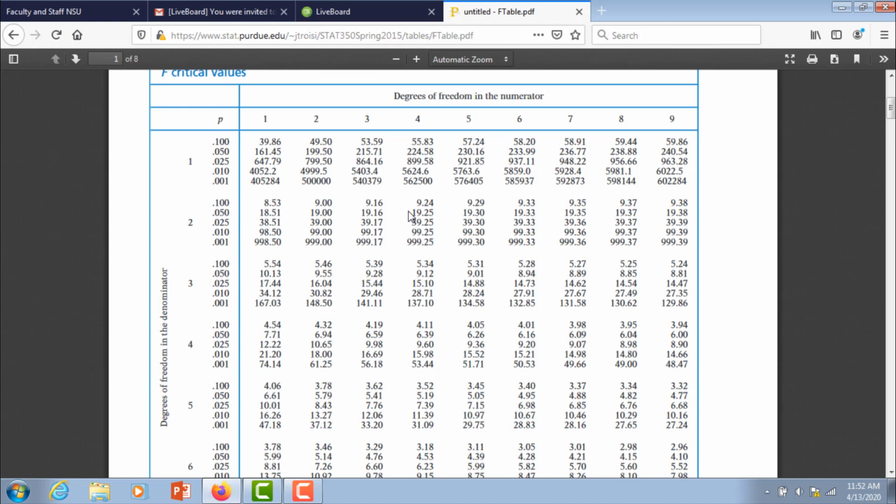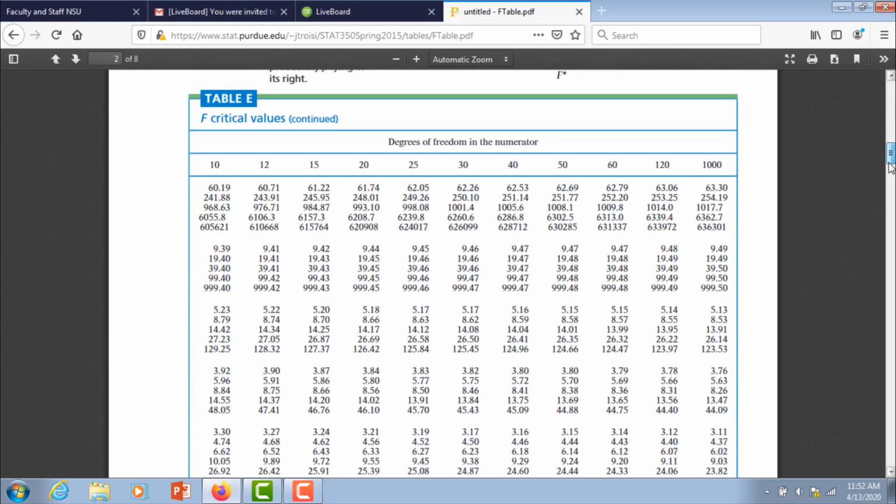Okay, so let's say our degree of freedom numerator again is 3, right? So we would go to that particular column header, right? And then we would go all the way down until it lined up with our degree of freedom in the denominator, or our degree of freedom within, 36.